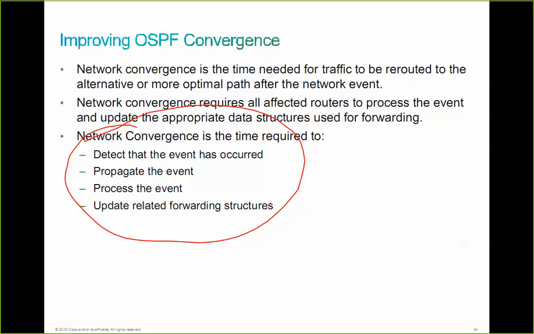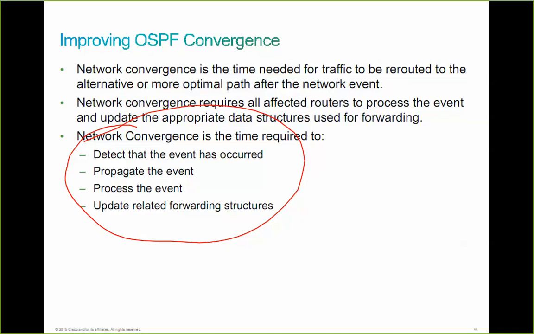But there are efficiencies that we can add to either prevent propagation from occurring through the use of things like summarization, route aggregation, and so on, or there are options that allow us to ensure that information is efficiently spread through the use of things like a designated router or a backup designated router and so on. All right. And we'll talk about that as we move.